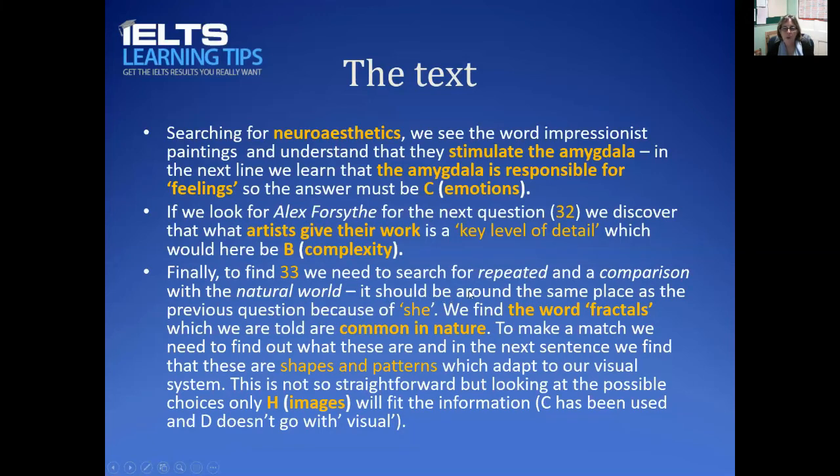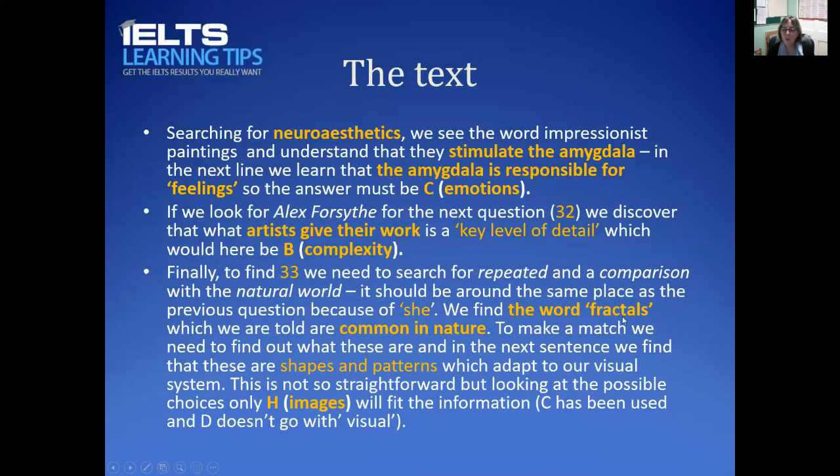Okay. So we know that this is going to be in a similar location to the previous, because we've got this pronoun she, which refers to Alex Forsyth. So that means we should stay close to where we are, because this is obviously the same person or the same piece of research. And we find the word fractals. And we're told that these fractals, whatever they are, I'm not sure, are common in nature.